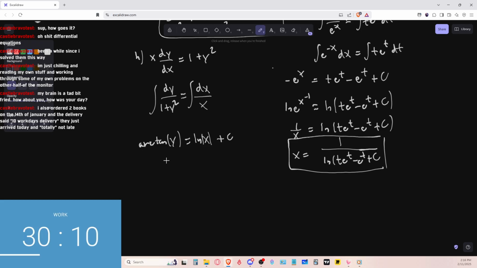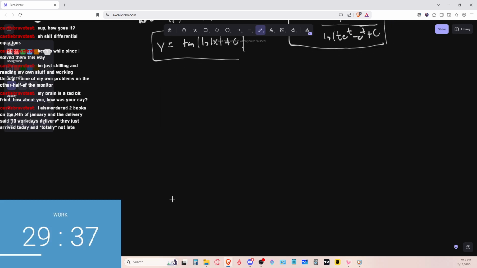Okay, so then to get y, we have to take the tangent of these goodies. I have to thank you guys, by the way. Because of the stream yesterday, I now remember this much easier. Now I have to remember secant, this arcsecant one. So let's go down because it looks like we're running out of space here.